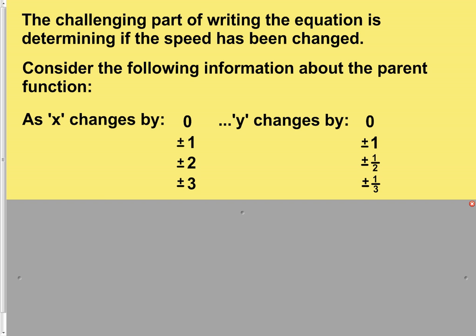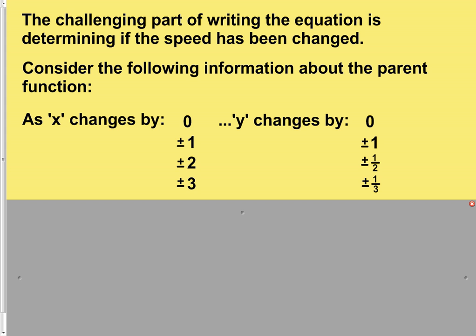As x moved 1 step either direction, the parent function changed y 1 unit up or down, and as x changed 2 steps in either direction, y was only plus or minus half a step. As x moved 3 steps away from its center, the y value only moved 1/3 of a step, and that makes perfect sense when you think about the parent function being the reciprocal of x.